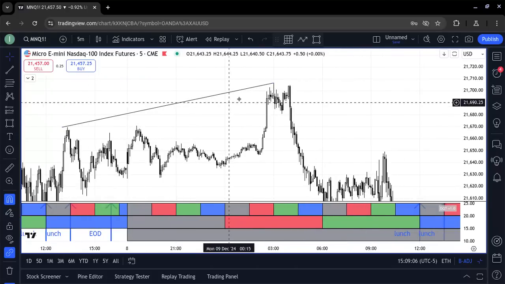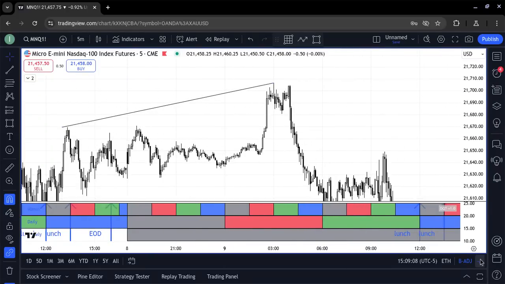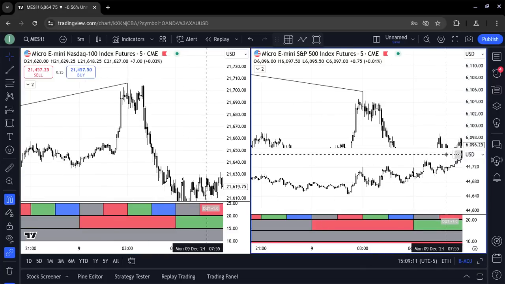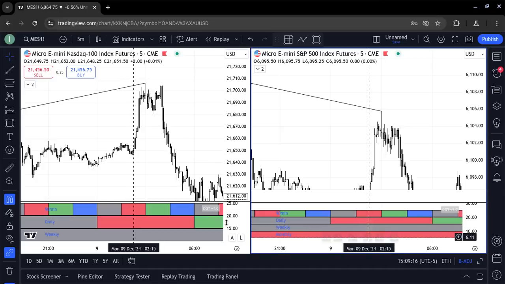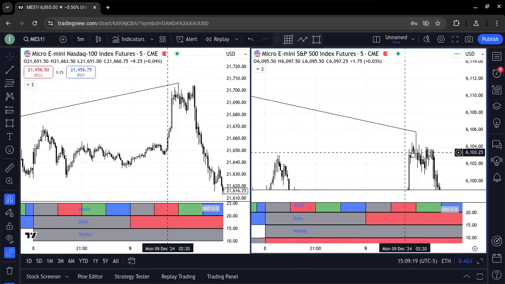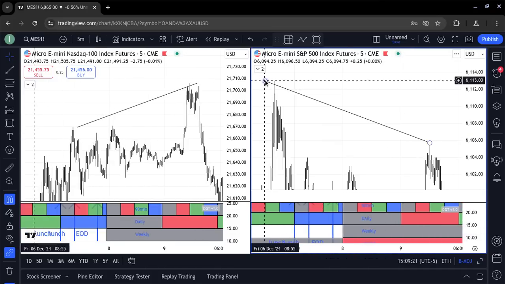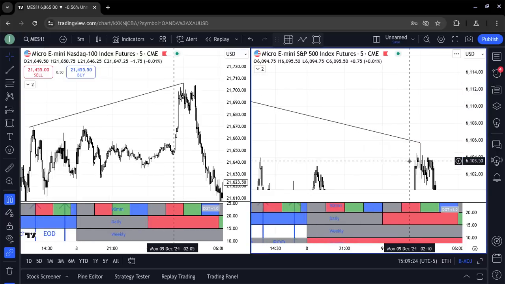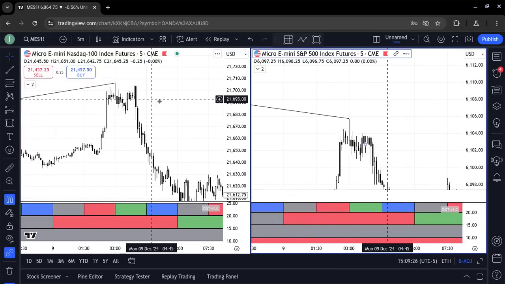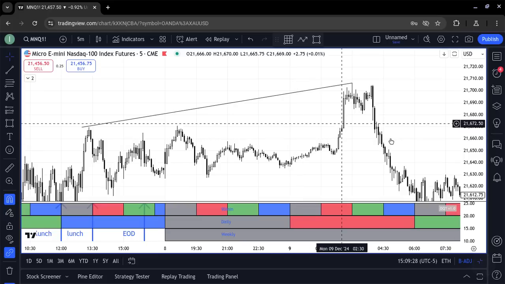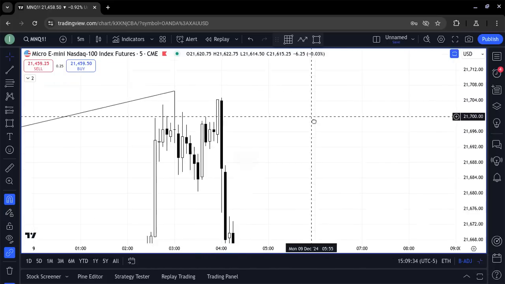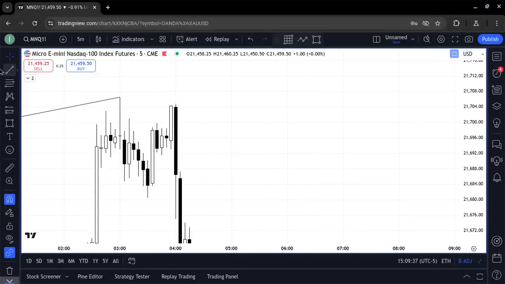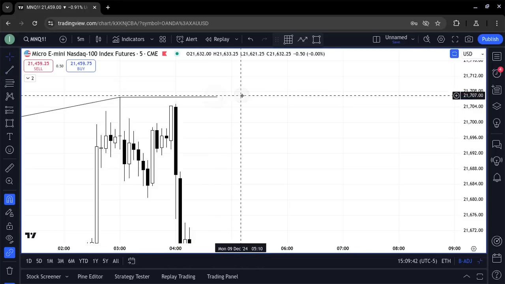Now this was the actual SMT on a 5-minute time frame. Let me show you guys. Let me just drop this one. So you're looking at Nasdaq and S&P right now. Okay, this was the sequential SMT, correct? Now if you were looking at just this chart, if you're looking at Nasdaq only, you would have been waiting for price to take out this high, right?